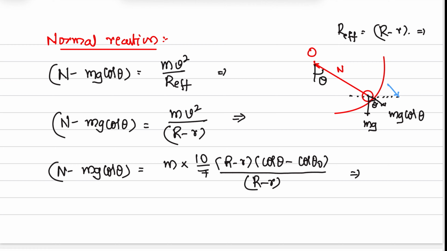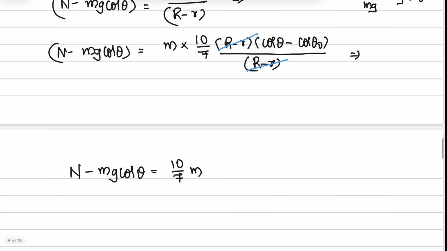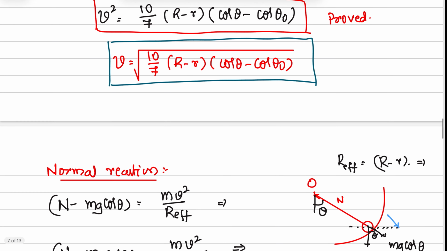R minus r and r minus r get cancelled. Then we will be left with the equation n minus mg cos theta is equal to 10 by 7 into m into v square.